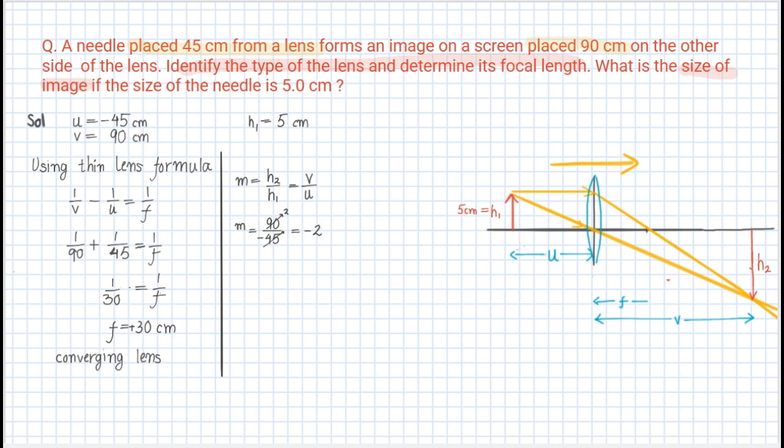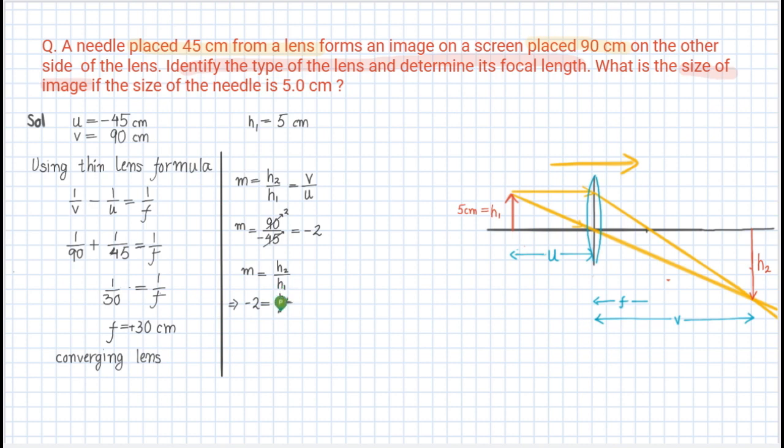Now, if you know the magnification, using the formula m equals h2 upon h1, I can find the size of the image. The magnification is minus 2, and h1 is 5 centimeter.